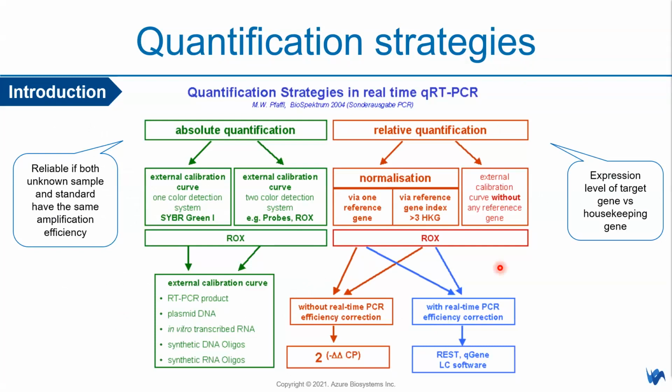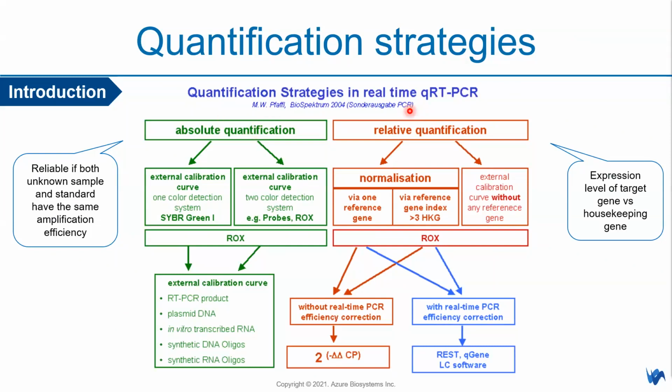This is a simplified diagram published by Michael W. Pfaffl back in 2004, which talks about quantification strategies in real-time qPCR. It is divided into 2 major types, absolute quantification and relative quantification.